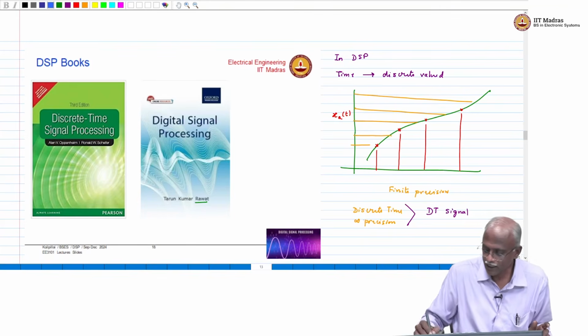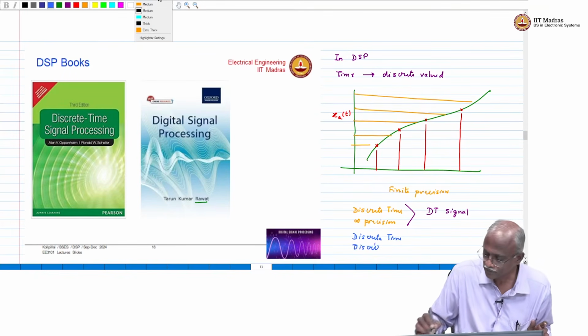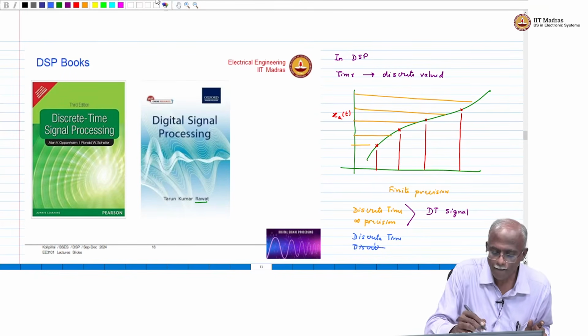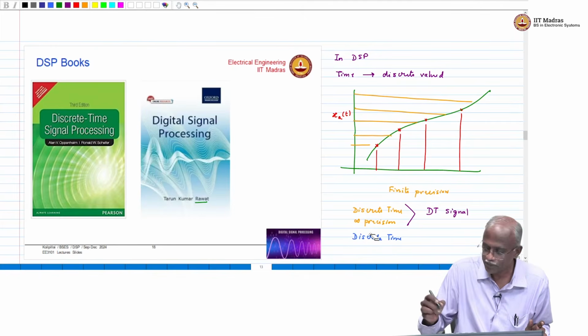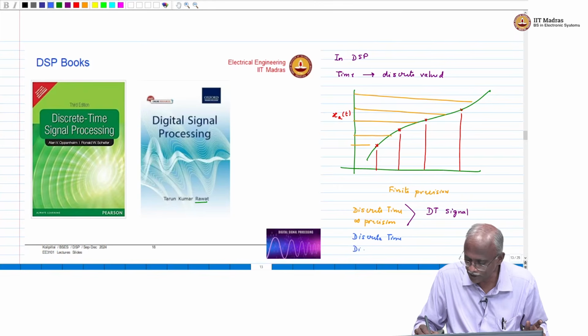On the other hand, if I have a signal that is discrete in time and discrete in amplitude, then it becomes a digital signal. So again, not a big difference.